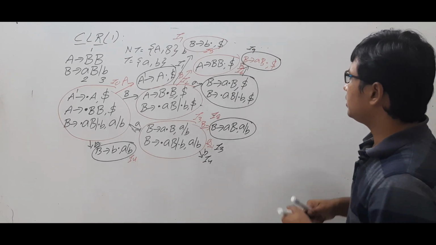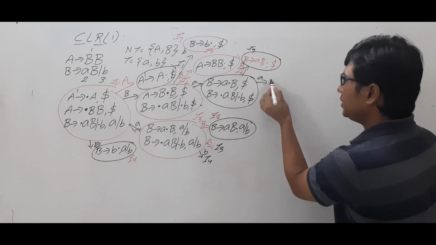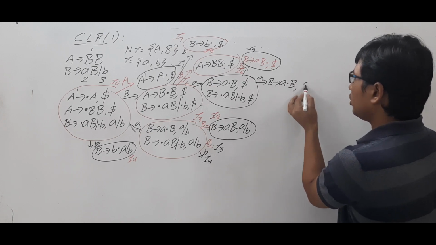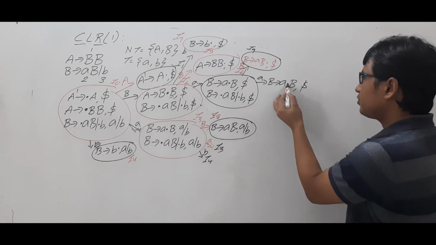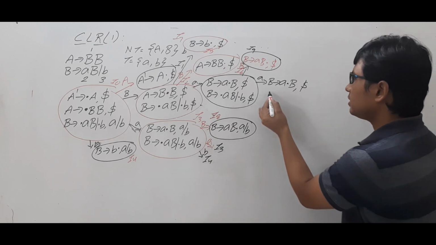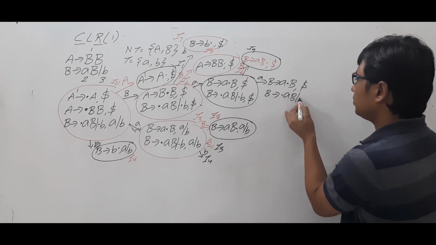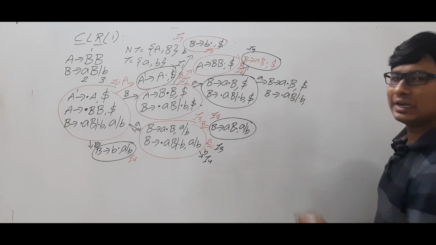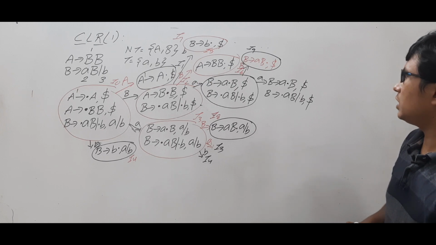This is completed. Now look at this one. On small a, it will be what? B determines A dot B dollar, and then we need to compute the closure. Why? After dot there is a non-terminal, so which will be A, B or B. Now what is the look ahead? After B only dollar is there, we have to keep the dollar, which is equal to what?